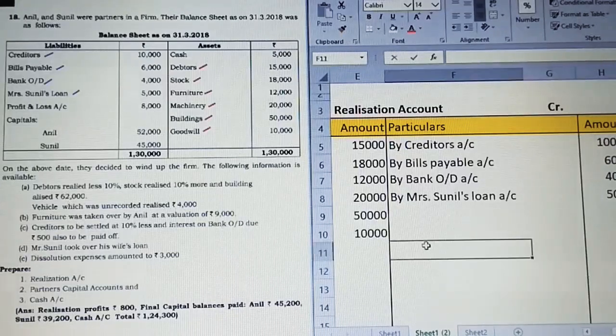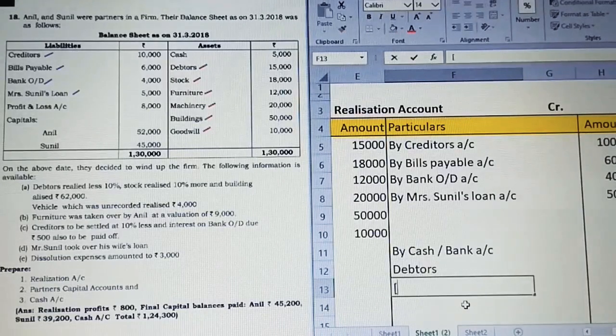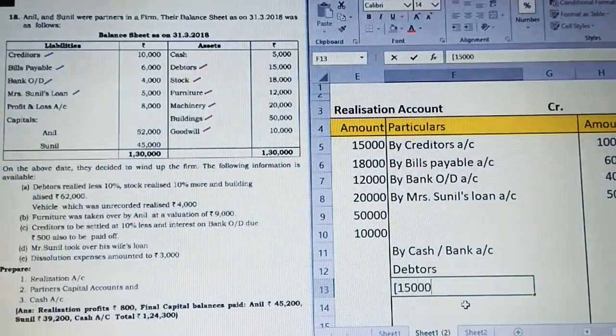Now let us start going for realization of all the assets. First, cash or bank account. So I'm going to take it in the inner column. Debtors we have to show. So what is the book value of the debtors given here? 15,000. They have said less, in the sense minus. I'm going to take it directly.